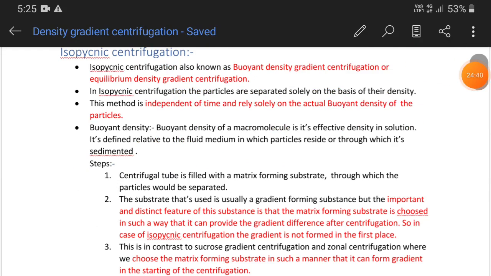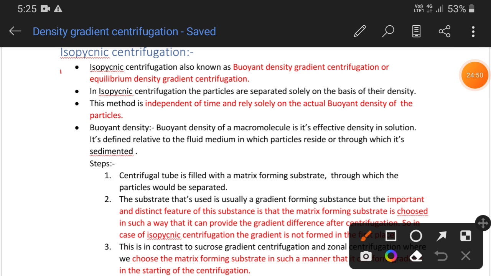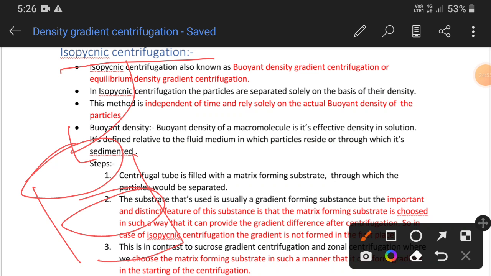Now let us discuss isopycnic centrifugation. Two things I want you to keep in your mind: isopycnic centrifugation differs from rate zonal centrifugation in that the matrix forming substrate you are using will form the gradient after centrifugation. Okay, there will be a self generating gradient during centrifugation that will complete after the completion of the centrifugation.